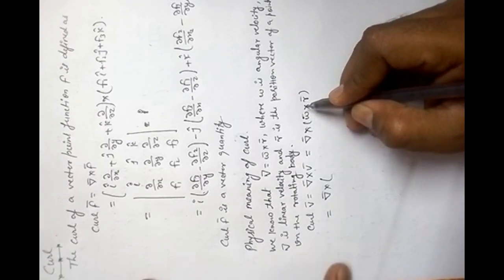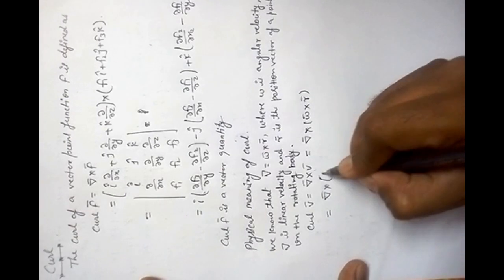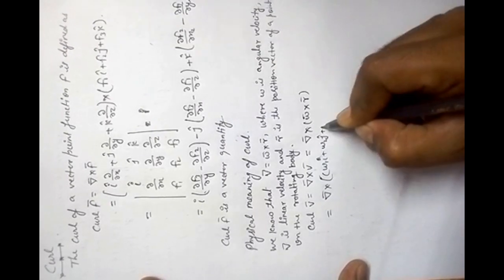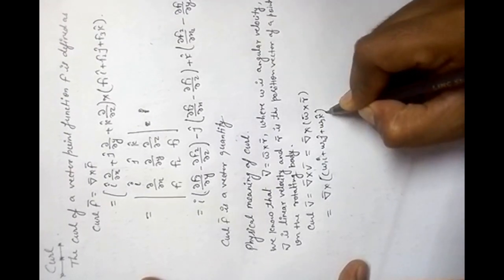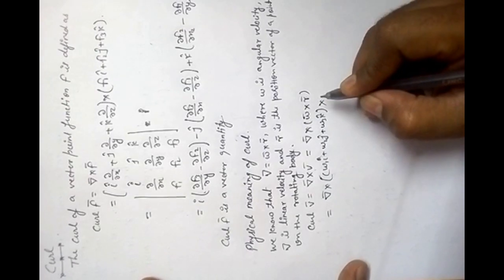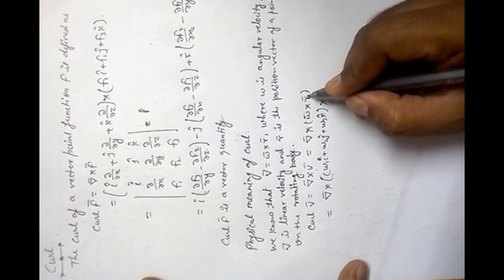So omega vector is omega 1 i plus omega 2 j plus omega 3 k, cross vector r. The vector r equal to xi plus yj plus zk.